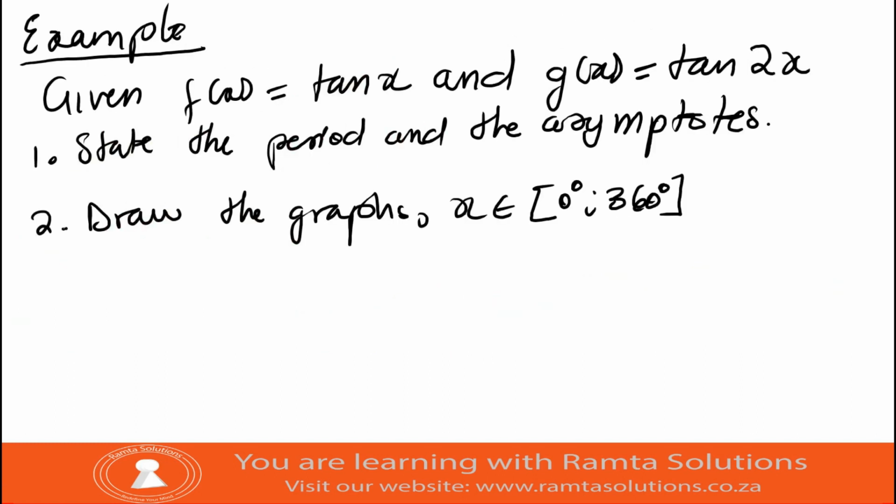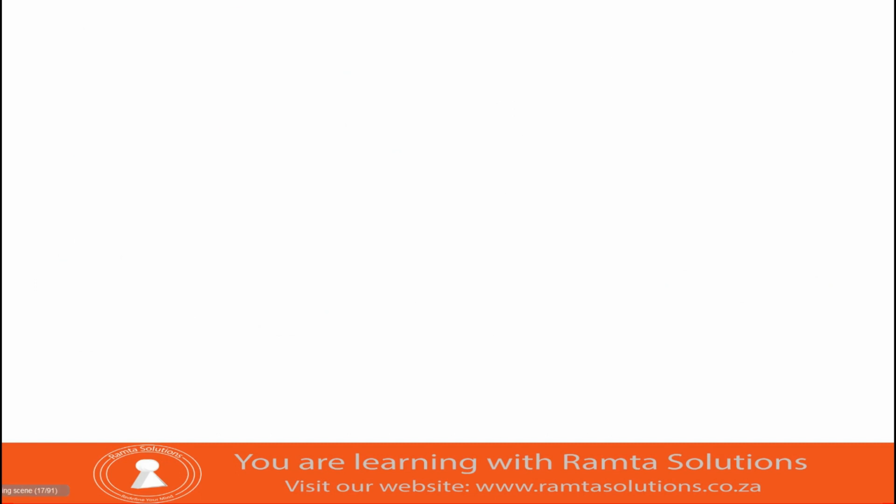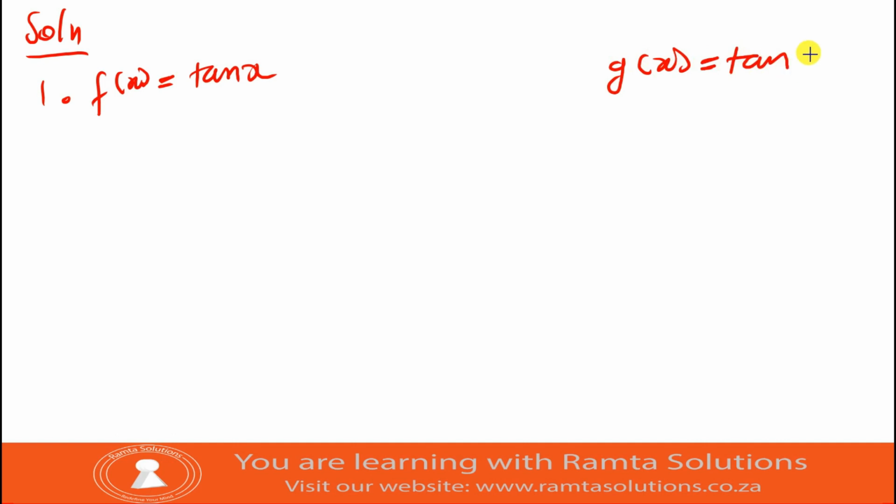Now, let's get our solution. Let me use red. Number 1, given f of x equals tan x and g of x equals tan 2x.